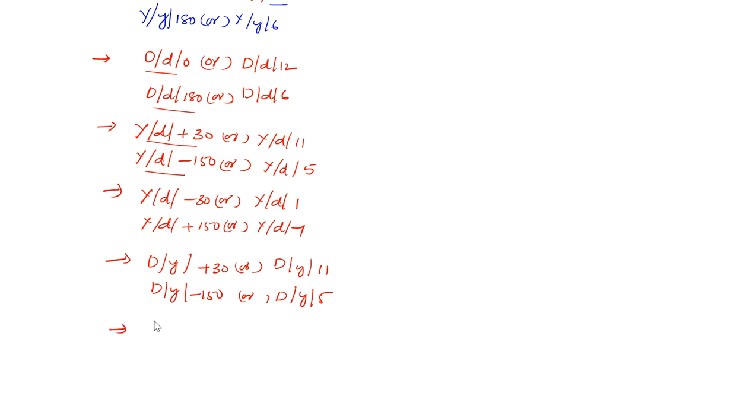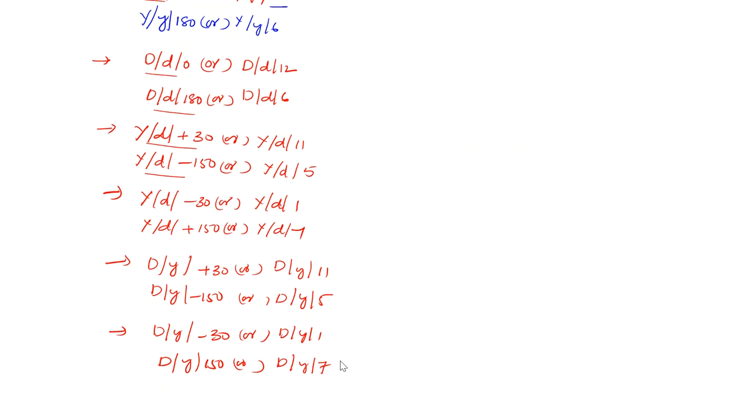And the last configuration, Dy minus 30, means the phase displacement between the primary and secondary winding is 30 degrees. This can be rearranged as Dy1. This can also be Dy150, or Dy7.